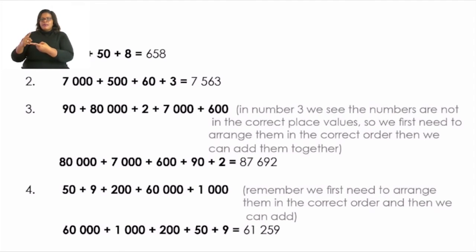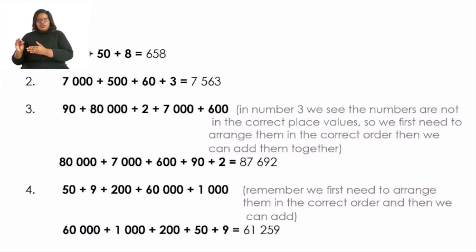And if we add it together, that gives me 87,692. Remember, we first arranged from the biggest value to the smallest value, and then we added together.